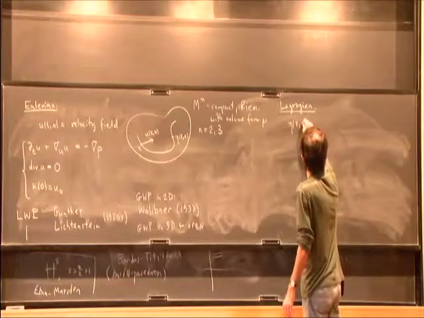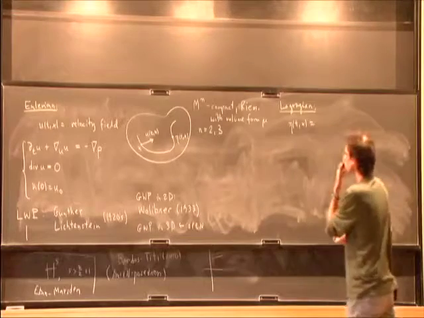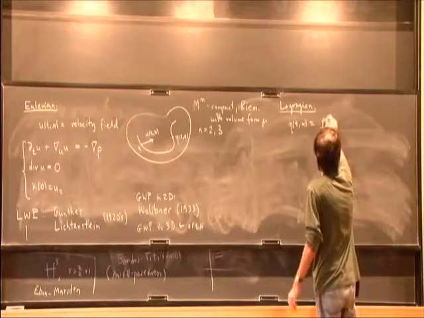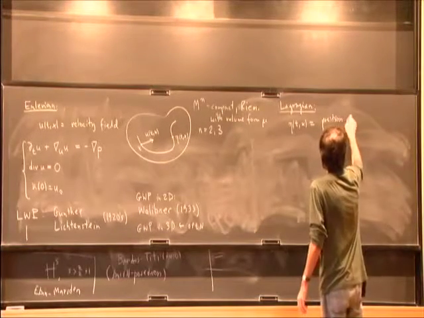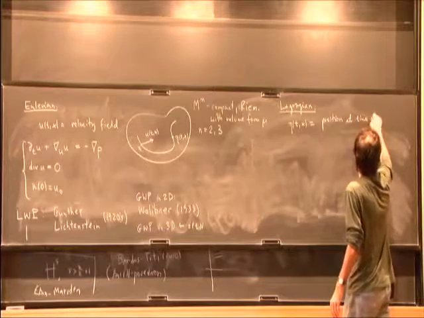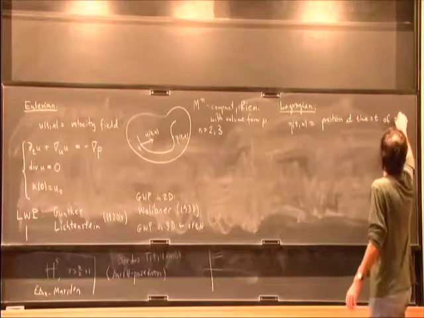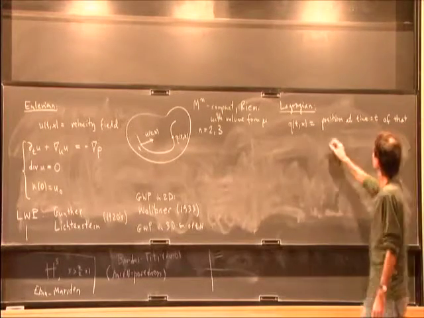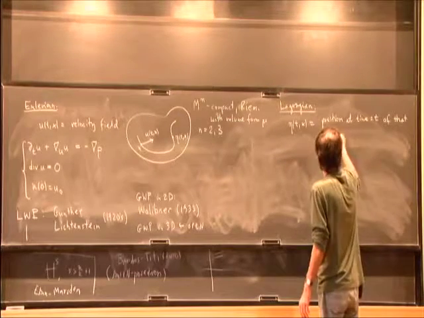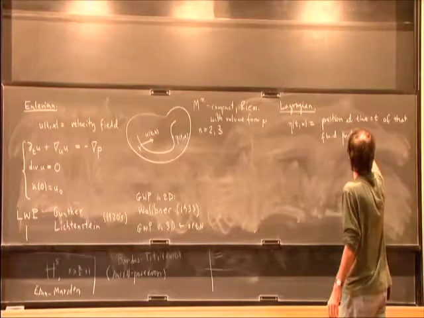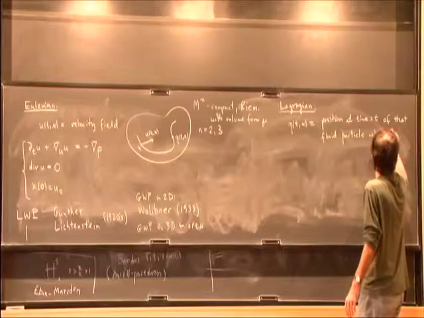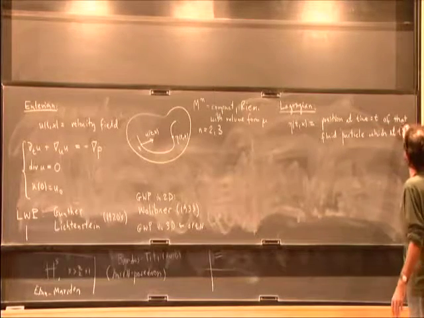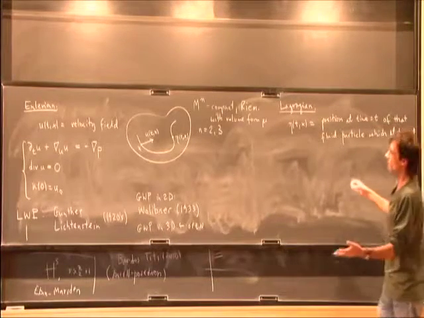So here we're not looking at velocities, but at positions. So eta of t and x is the position at time t of that fluid particle, which at time 0 was at x.